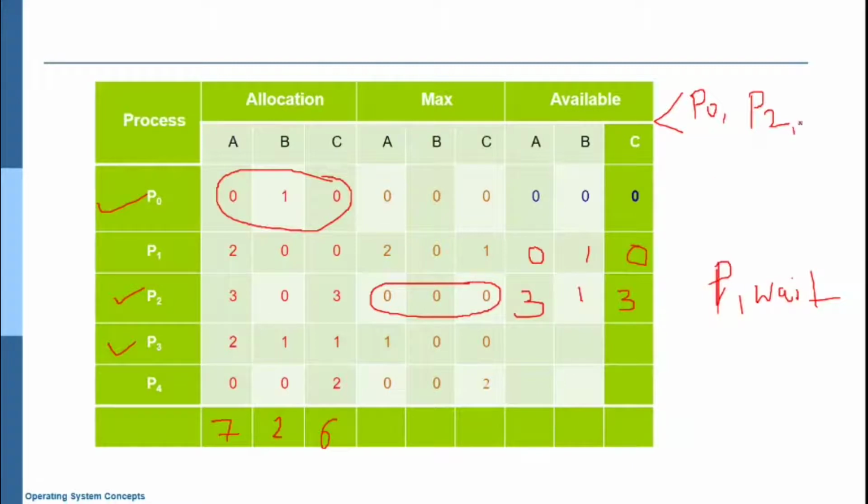So P0, P2 and P3 can complete. Once it completes its task, we return these resources to the available table. So 3 plus 2 is 5, 1 plus 1 is 2, and 1 plus 3 is 4.